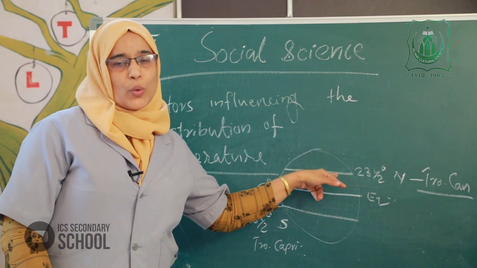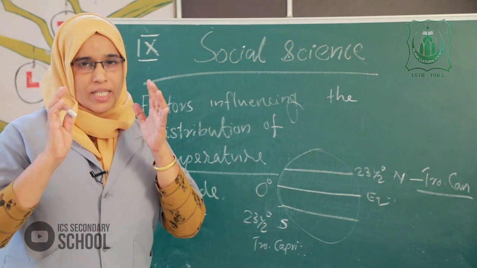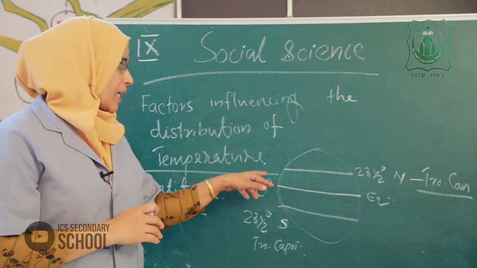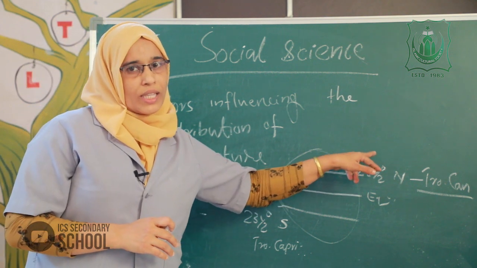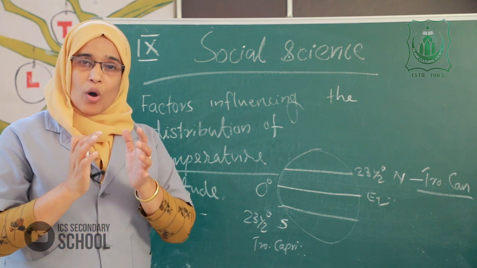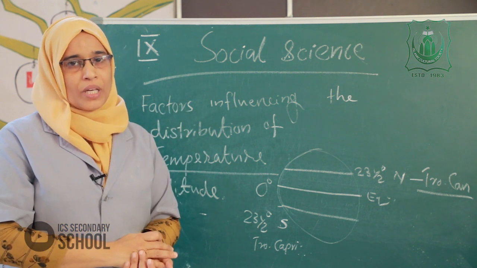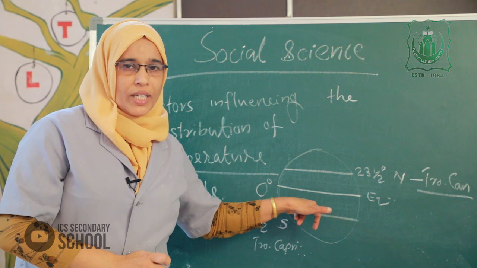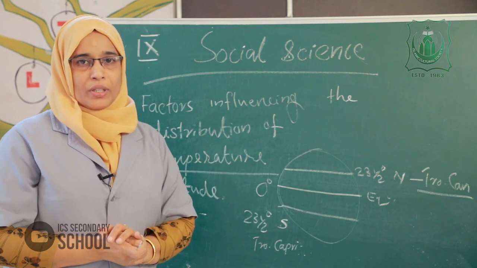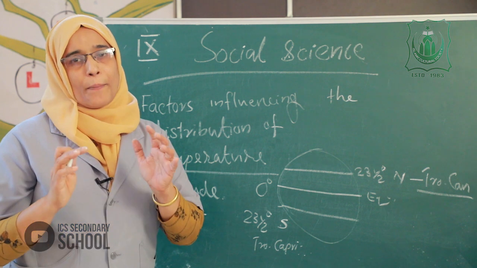Zero degree latitude line is called the equator. 23 and a half north latitude line is called the Tropic of Cancer. 23 and a half south latitude line is called the Tropic of Capricorn.